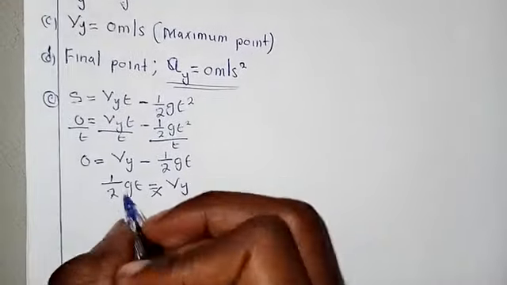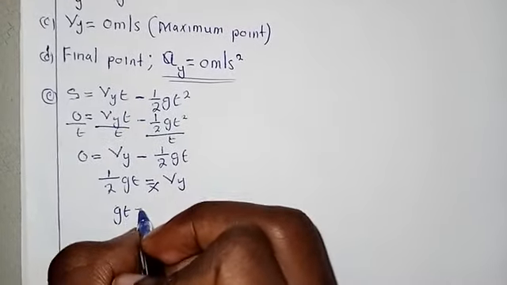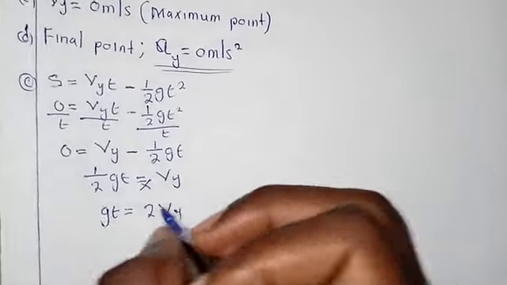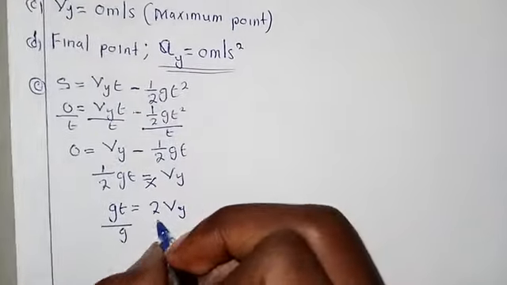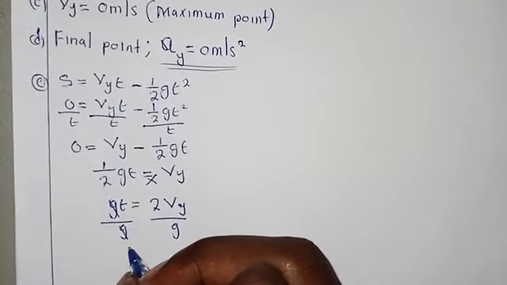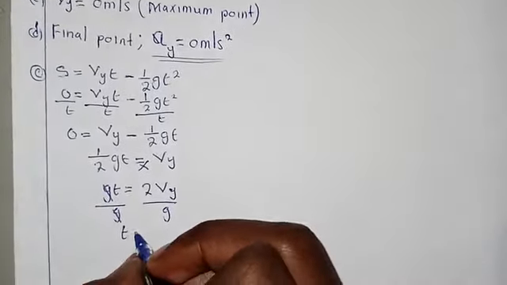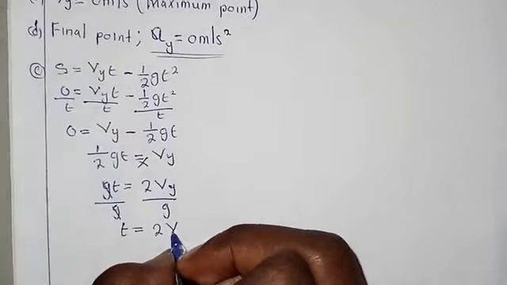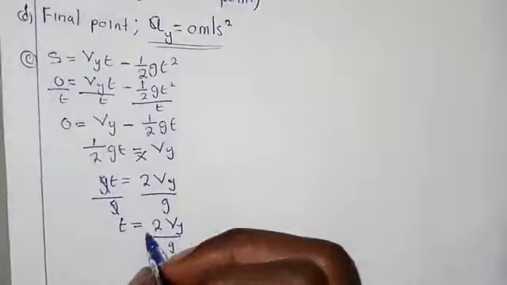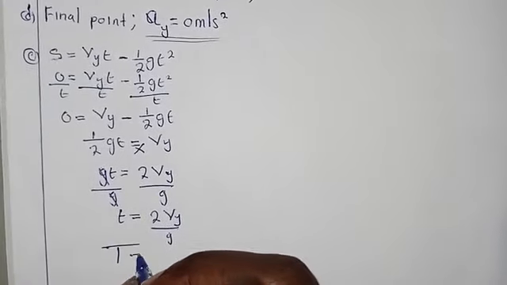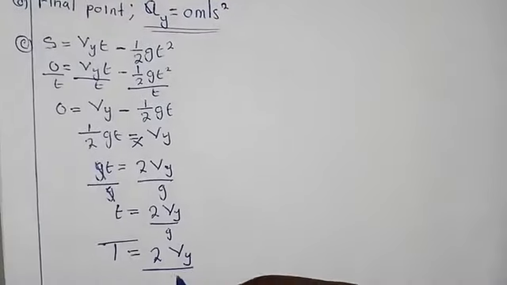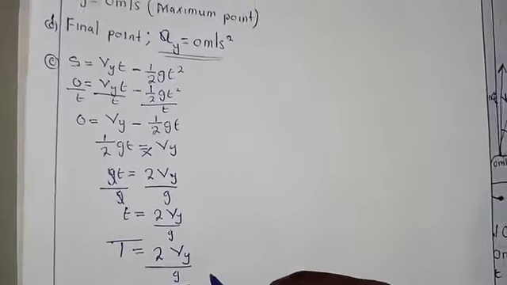If we cross multiply, you discover that we're going to have gt equal to 2Vy over g. If you cancel this side, you discover that t is going to equal 2Vy over g. Therefore, total time of flight is going to be 2Vy over g, like this.